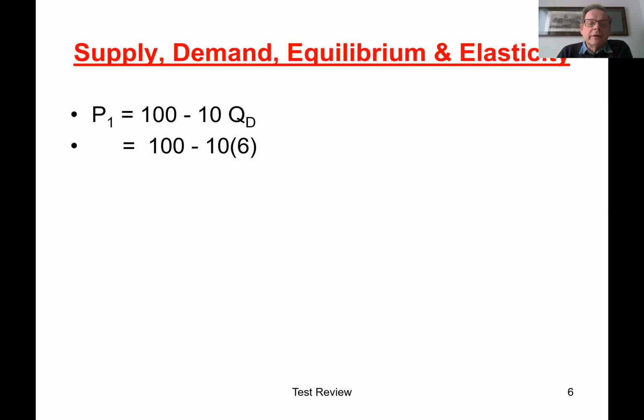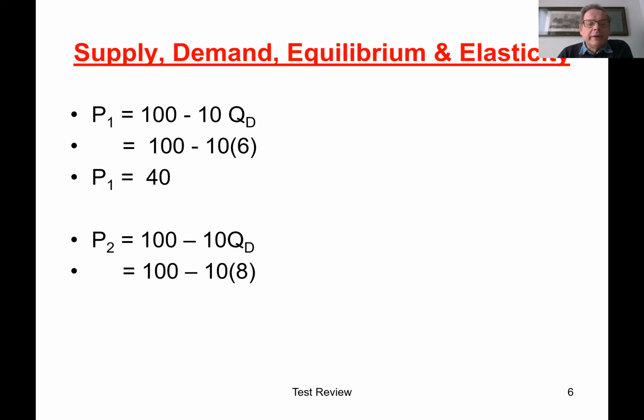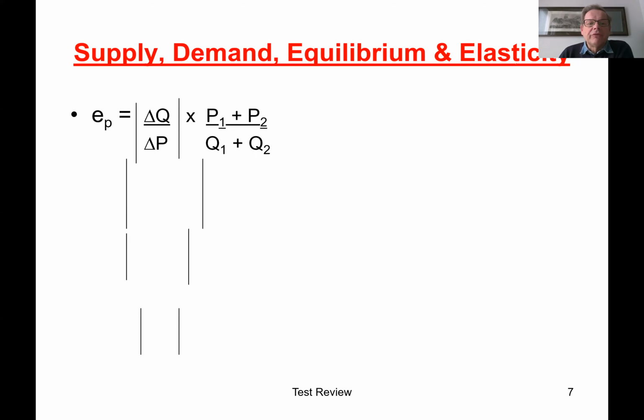So we get 100 minus 10 times 6, which is 100 minus 60, and the price 1 is 40. We do the same thing for price number 2. For quantity demanded, we substitute in 8, and we get 100 minus 80, which leaves a price of 20. So we've got the two prices now.